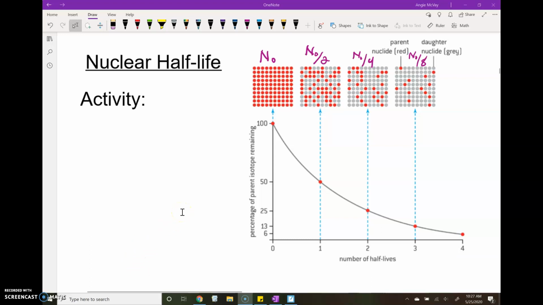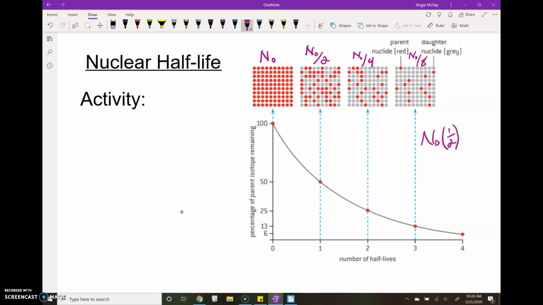So let us see if we can come up with a relationship for that. If we want to know how many parent nuclei are left undecayed after however many half-lives, we could say N naught divided by 2. Actually, the number of original nuclei times 1/2.